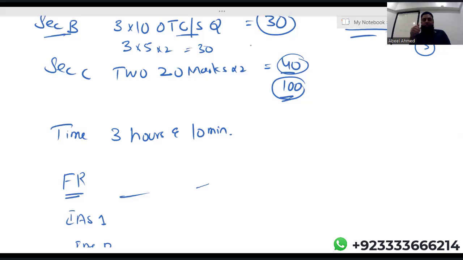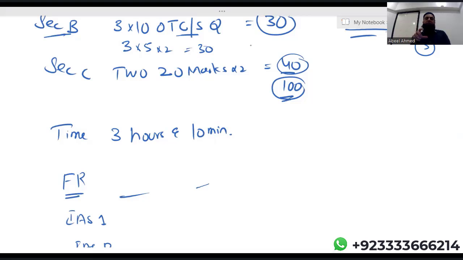If you start the question of IAS 33 from authorized shares, obviously your weighted average number of shares will be incorrect. It's very simple. So you have to be conceptually very strong.